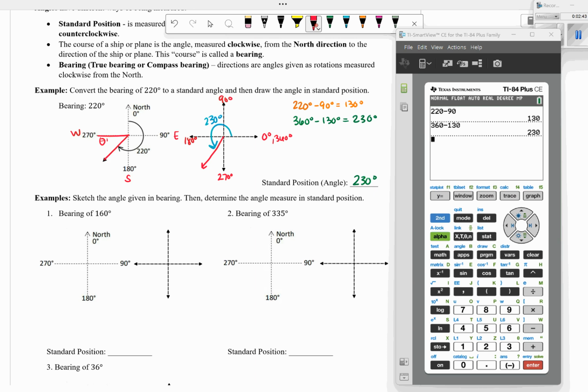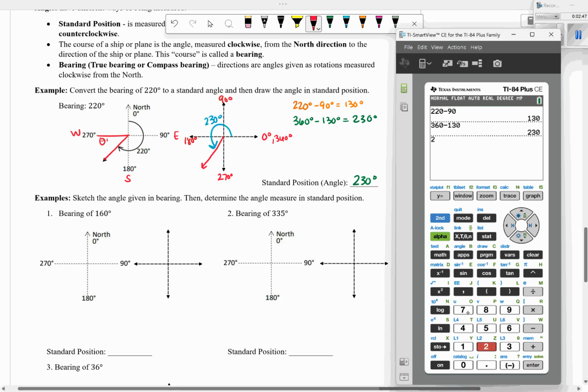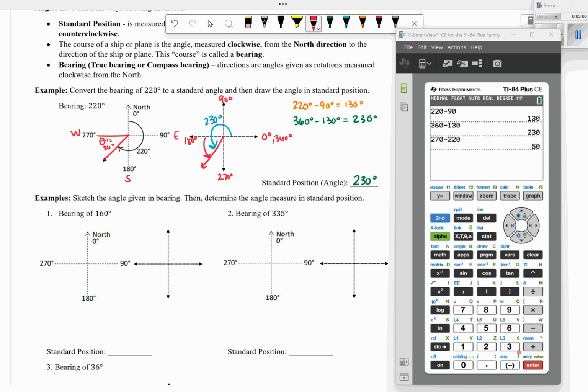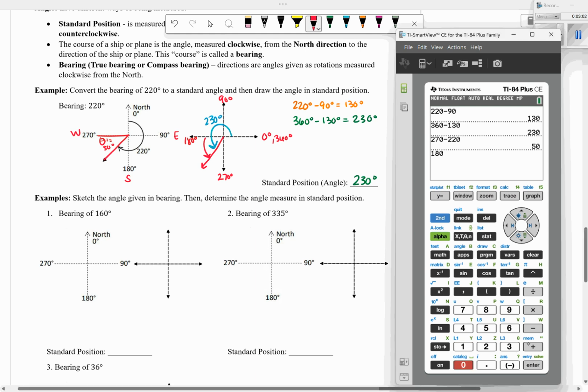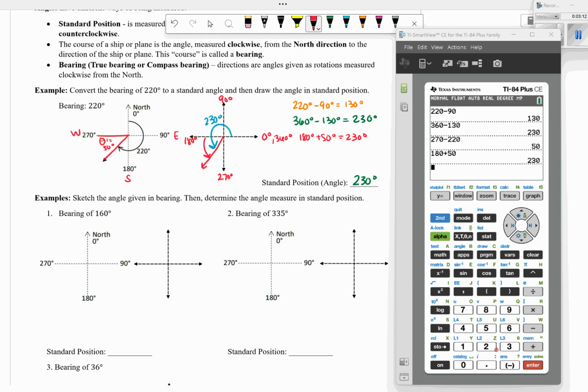So if I know from here to here is 220 and all the way to here is 270, well, I could do 270 minus 220, which gives me a reference angle of 50 degrees. So if I know that's 50 degrees, that's this measurement from here to here, then I could do 180 plus that 50, and notice I get 230. So it gets you the same answer in the end, it's just a different way of going about it.